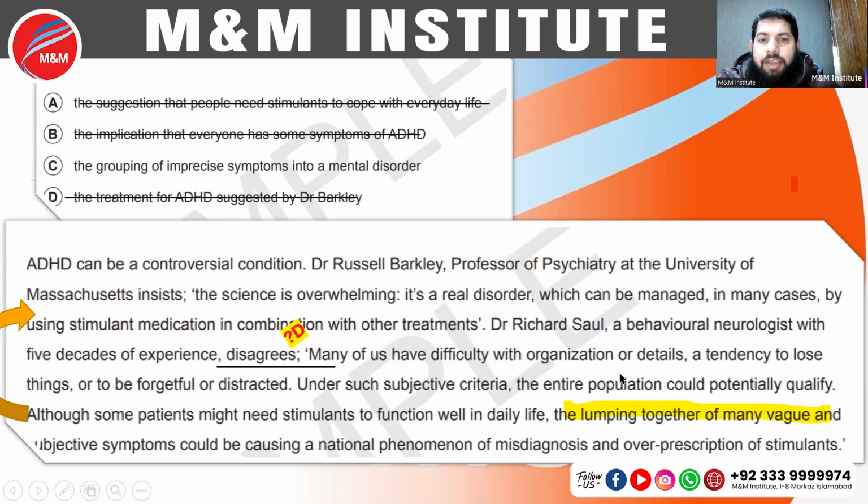But if we combine all these vague symptoms as written over here, a tendency to lose things or to be forgetful or distracted, under such subjective criteria, the entire population could potentially qualify. So he disagrees with this point, the grouping of imprecise symptoms into a mental disorder. This is the reason that he disagrees, or he has some reservation with that. So this is the answer.